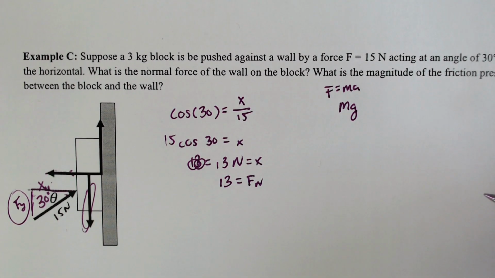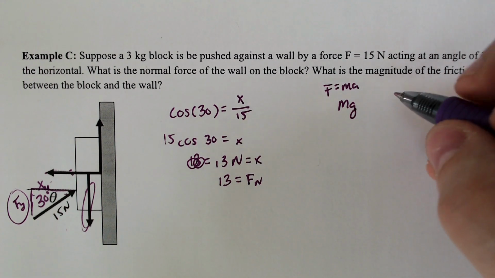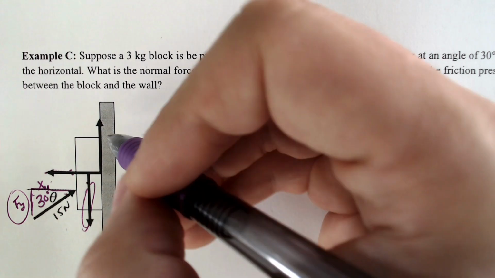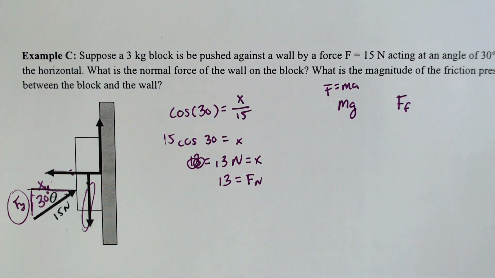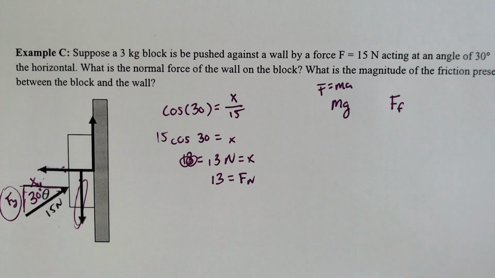If we were to put that with the force of friction, so to speak, let me rephrase this. We have the force of friction. That is the part acting against what we're pushing upward, right?